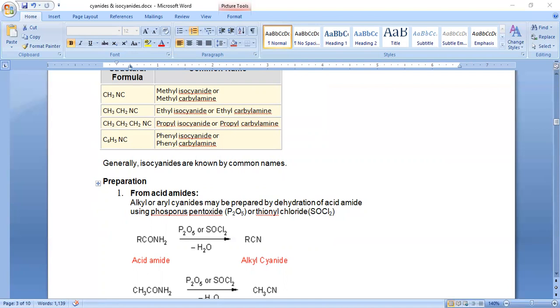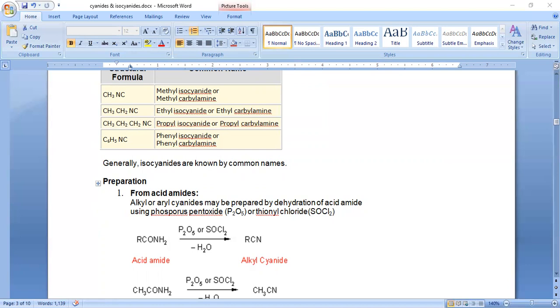Dehydration can be achieved by using dehydrating agents like P2O5, V2O5, or anhydrous ZnCl2. We can use any number of agents, but frequently we use P2O5, phosphorus pentoxide, or vanadium pentoxide, or generally anhydrous zinc chloride. So by dehydration of amides, we can prepare cyanides.